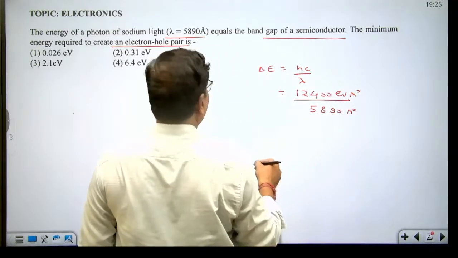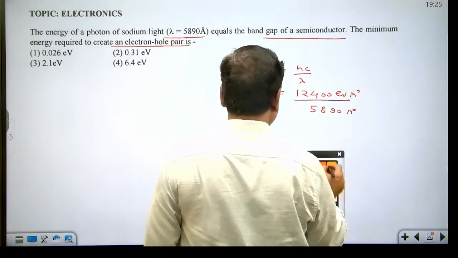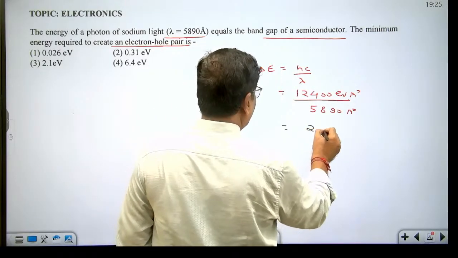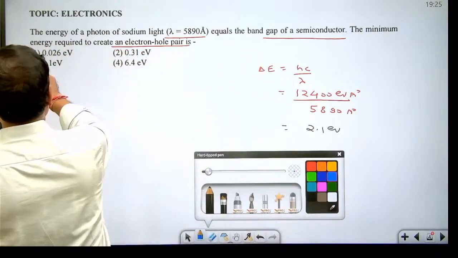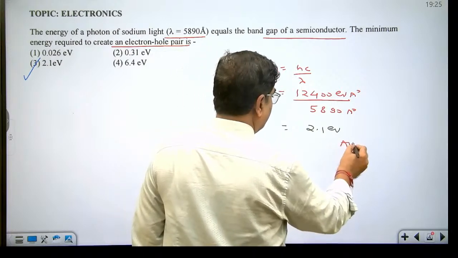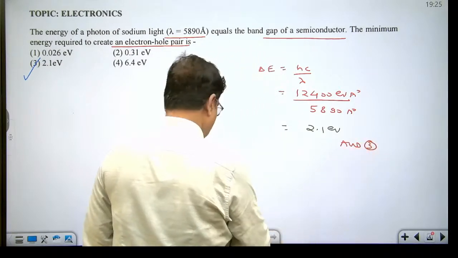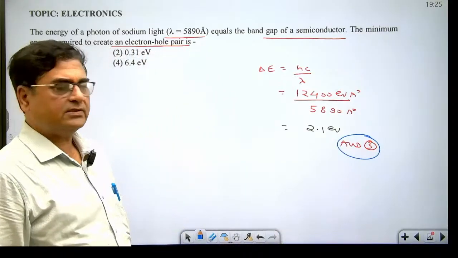This is approximately 2.1 electron volt. Out of 4 choices, the correct choice is option 3.